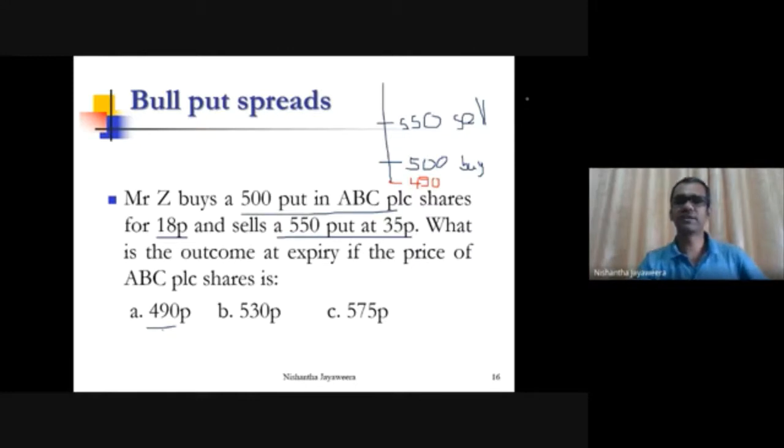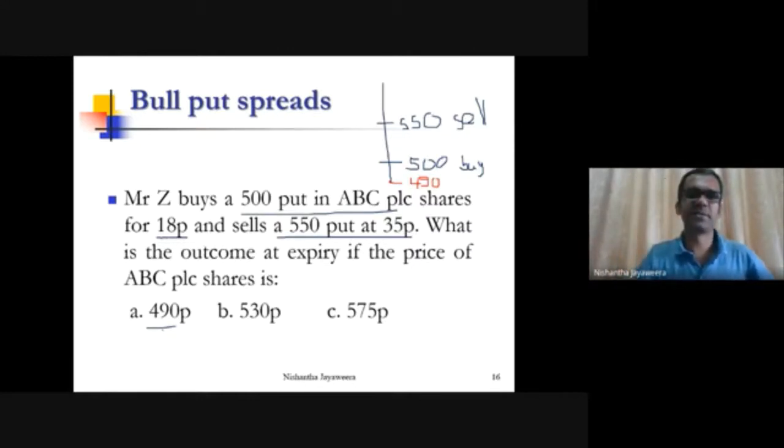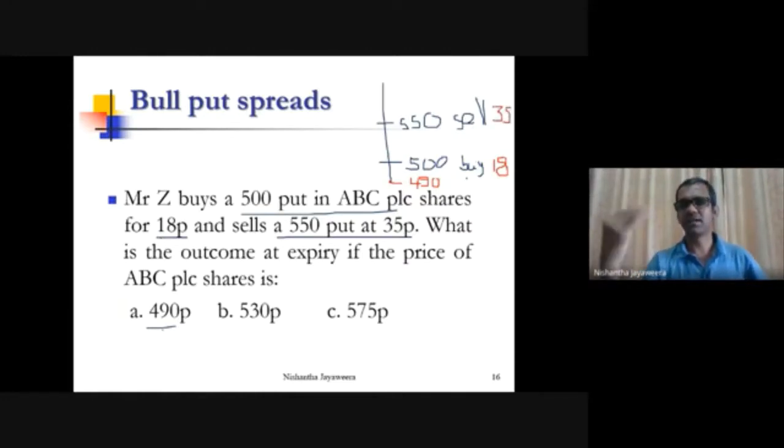Before we go to that one, again, check the premiums. To buy this, he pays only 18. But he sells this at 35. Why? For put options, the higher the strike, the higher the premium.